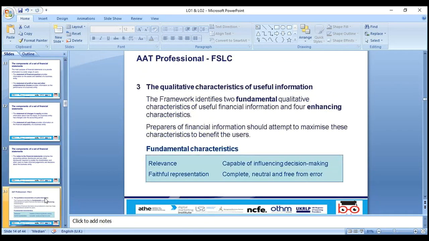Okay, next we look at the quality of financial statements.